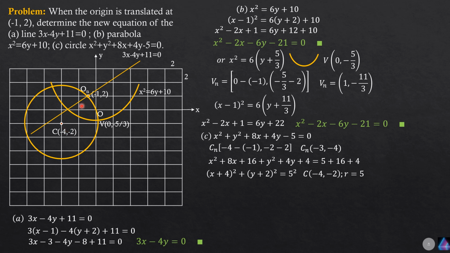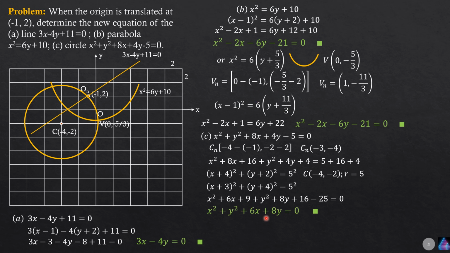So with respect to the new origin, the center would now be at (-3, -4). So writing the equation, x minus -3 or x + 3 quantity squared plus y minus -4 or y + 4 quantity squared equals 5². Expanding, x² + 6x + 9 + y² + 8y + 16 - 25 = 0, and simplifying, we have x² + y² + 6x + 8y = 0.